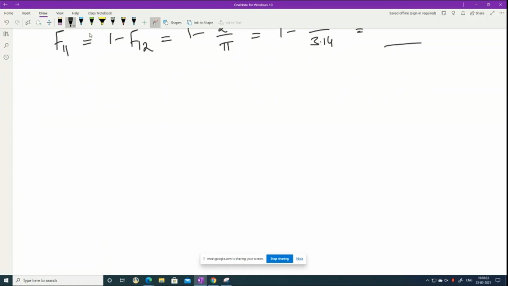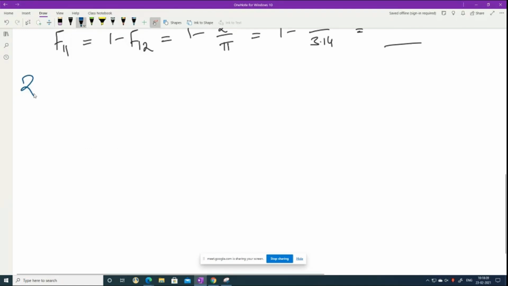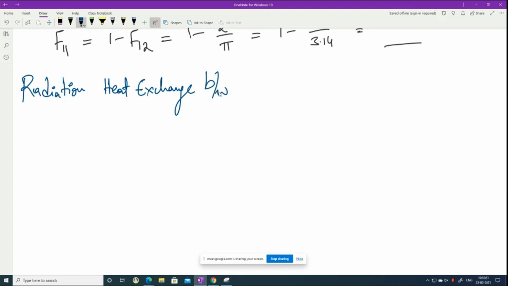Next concept is radiation heat exchange between two infinitely parallel gray bodies.